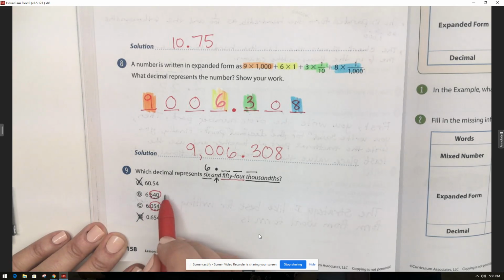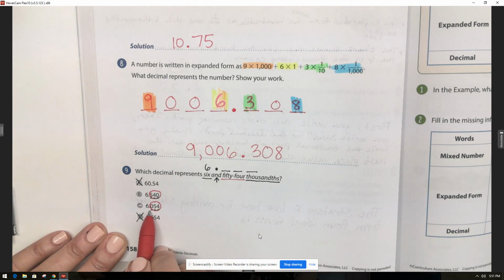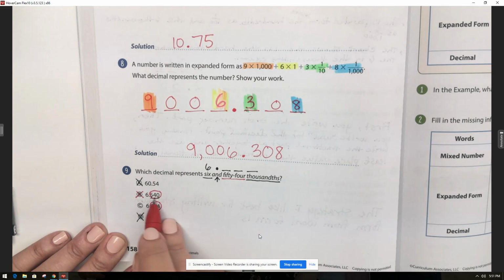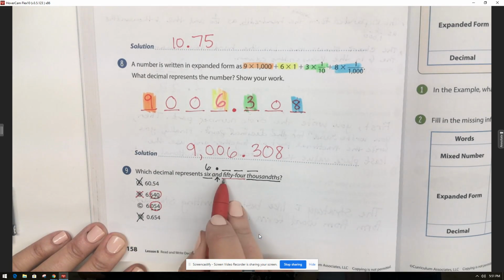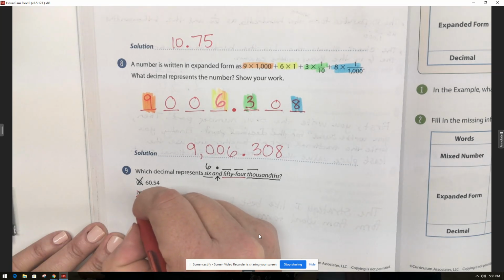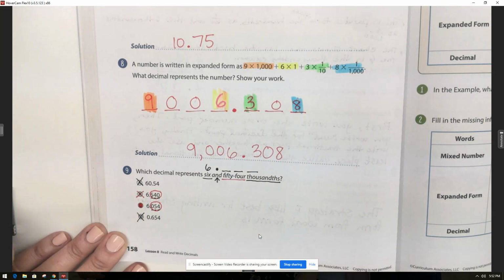But when I read them all together, here I see 540 thousandths, and here I see 54 thousandths. So I know that now I can rule out this one because 540 thousandths is not the same as 54 thousandths. So C must be my answer.